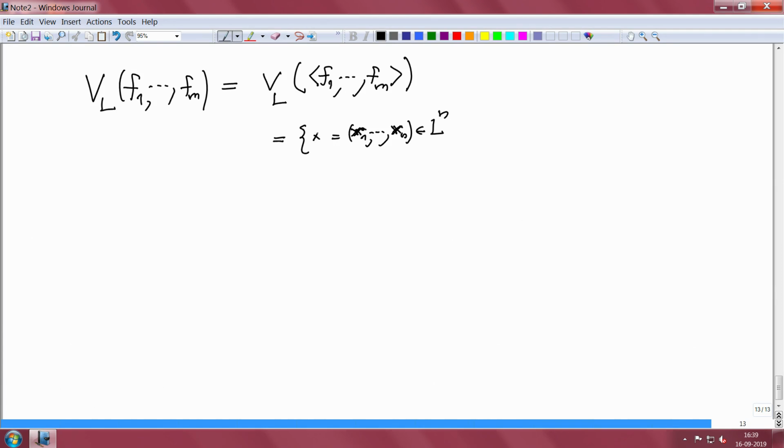So all those points such that h(x1 to xn) is 0 for all h in the ideal (f1 to fm).